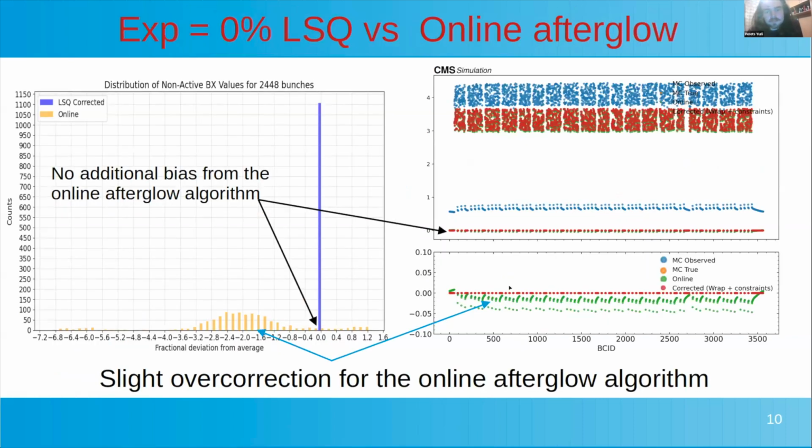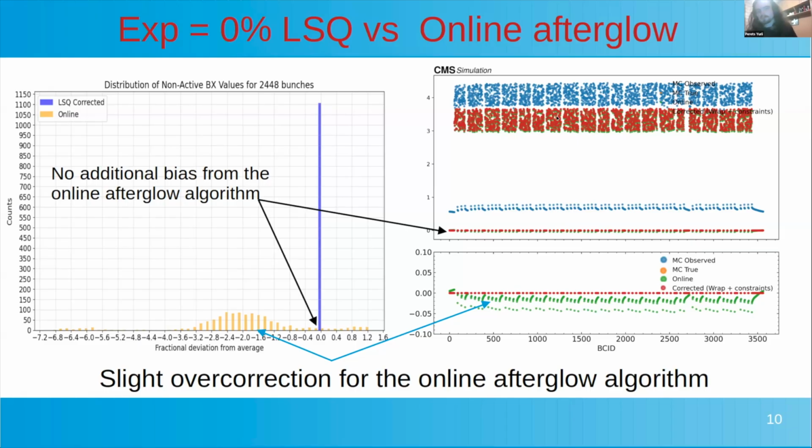Here we can see, first of all, how our algorithms compare without any fluctuations. We see that our LSQ algorithm adds no bias, and that the online afterglow algorithm provides slight overcorrection. These are the results on Monte Carlo simulations.